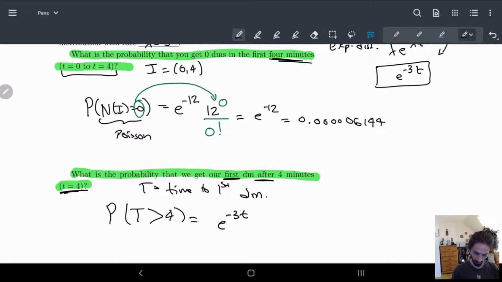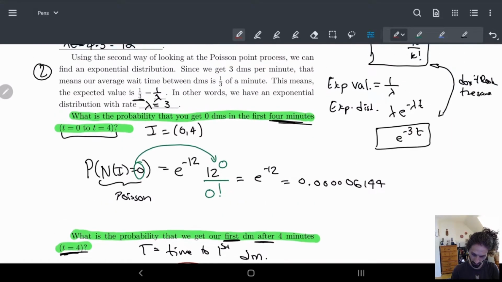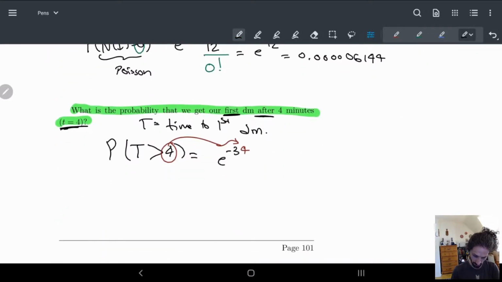Here my t is going to be 4, so we plug in 4 here. Oh no, this was correct. I'm an idiot. Because this is the density formula.